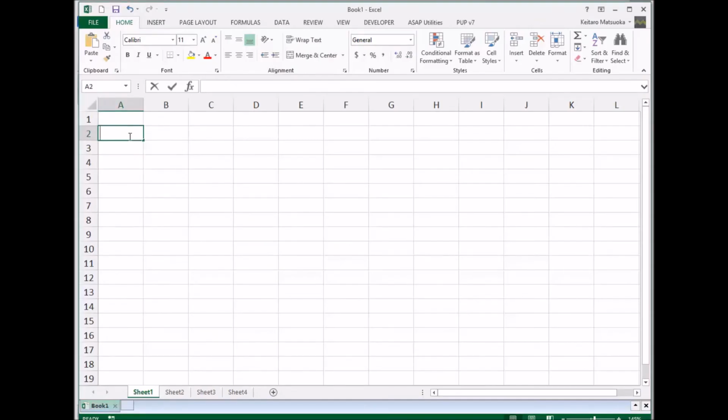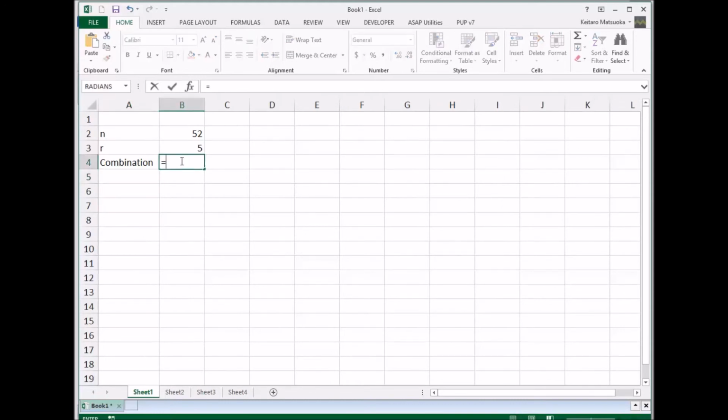So N is 52 and then R is 5. So let's do combination, which will be COMBIN. And it says number, comma, number chosen. So the number is the N, comma, number chosen is the 5 here. So click on that. You get this answer.